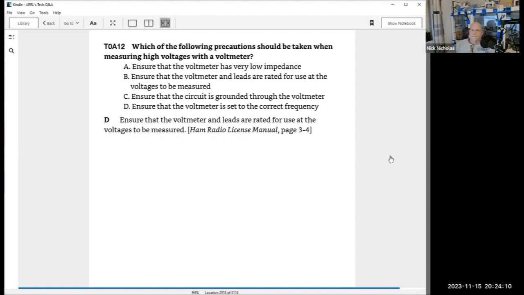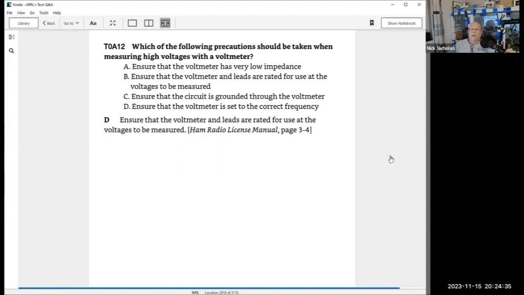Which of the following precautions should be taken when measuring high voltages with a voltmeter? The answer is D, but the way they're written, that answer and the real answer below is confusing.